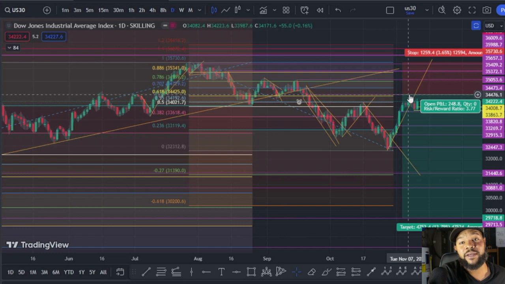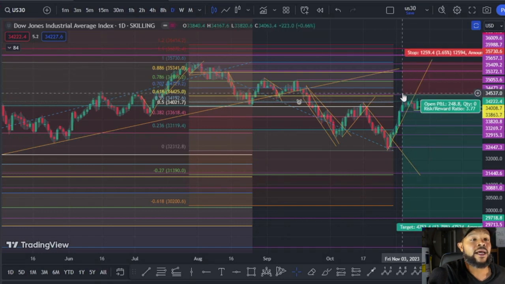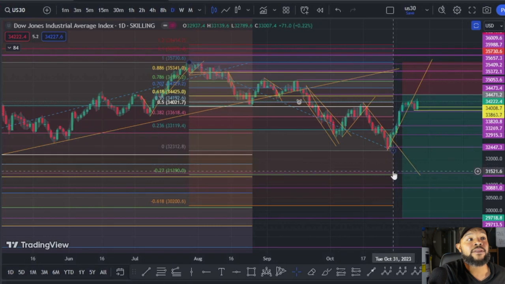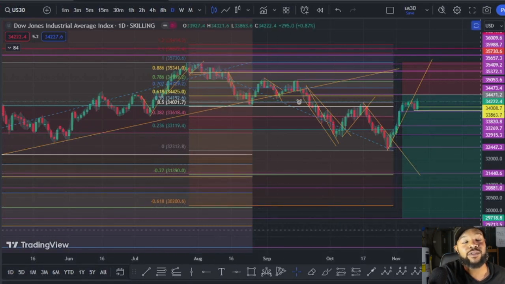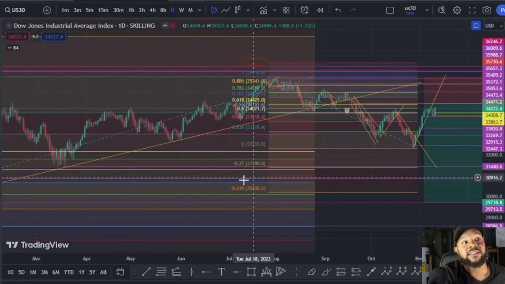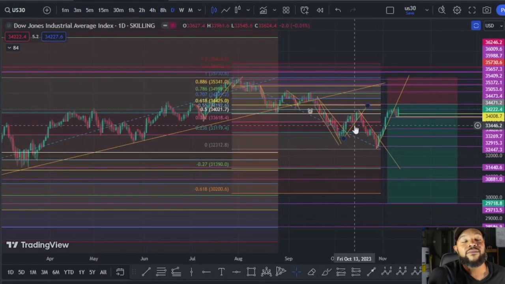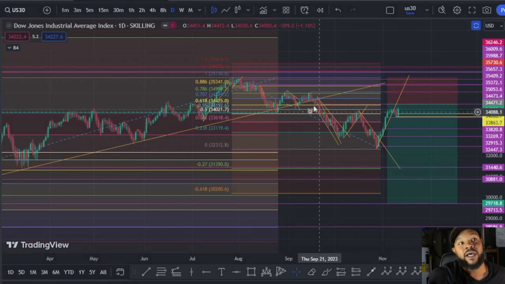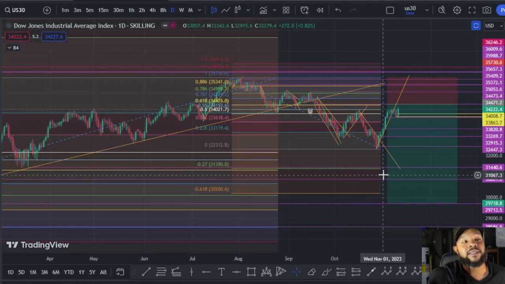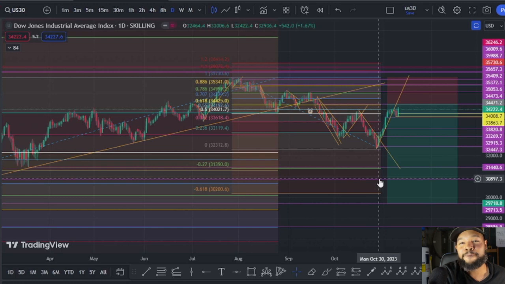So I'm looking into getting the entry. I got a pending order here, and I'm looking at swinging it all the way to 29,718 eventually. But I do realize if it gets down to this negative 27 fib, that will usually be where it would do an ABC or a wave 3 ending if I'm basing it off Elliott wave.